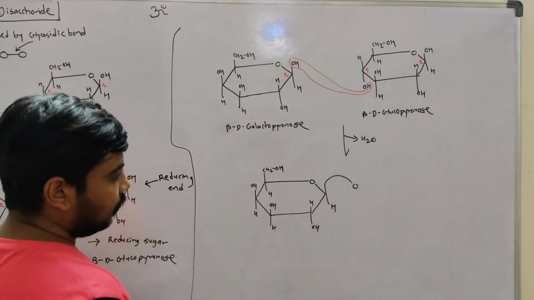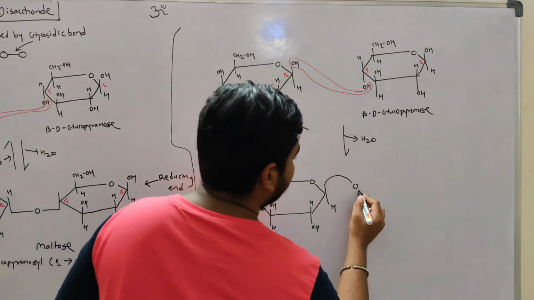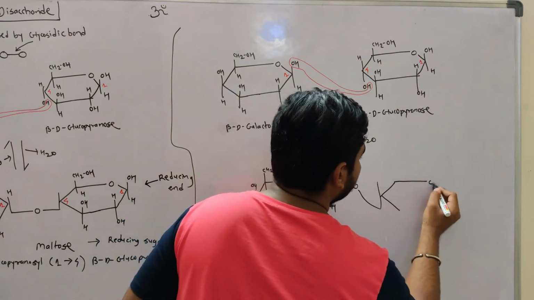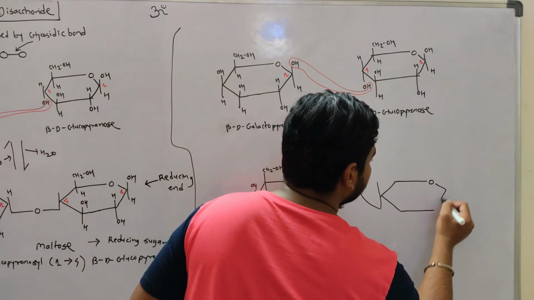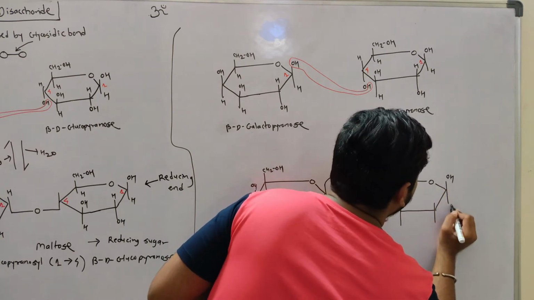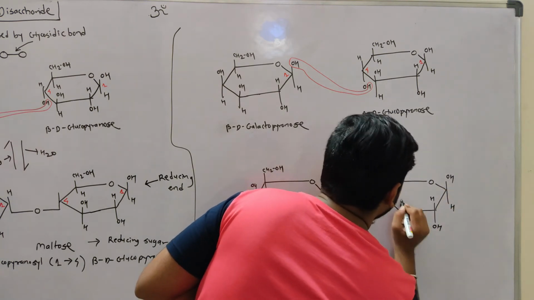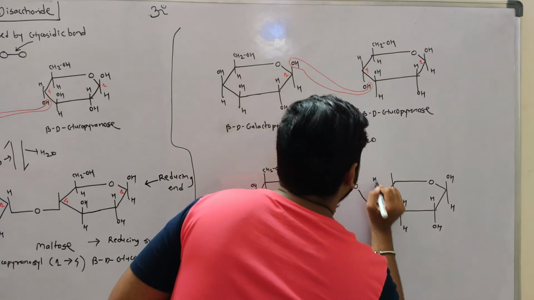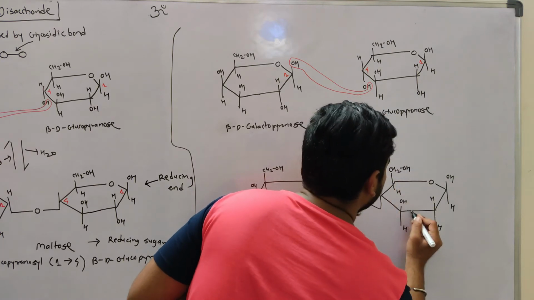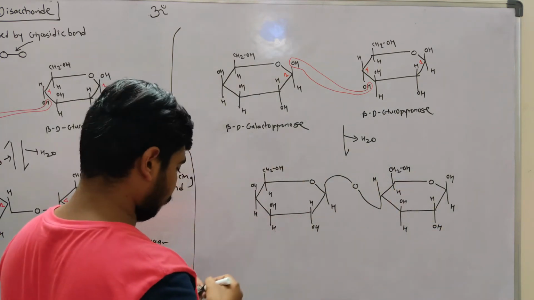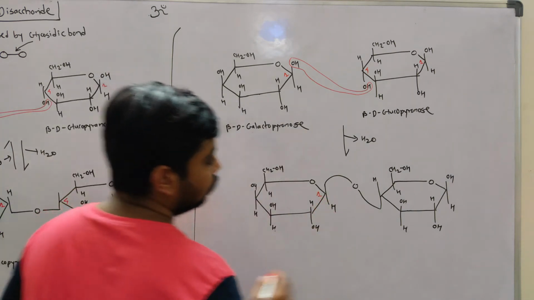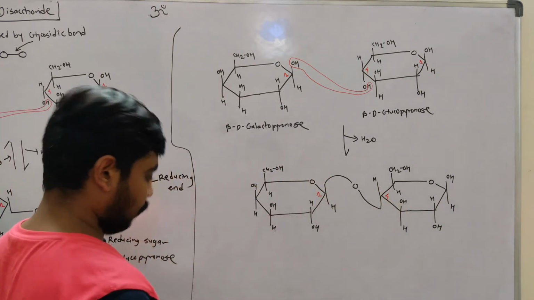So this is galactose. Now it forms a bond with glucose, which is beta. There is a formation of a bond between the first carbon of galactose and the fourth carbon of beta D glucose.